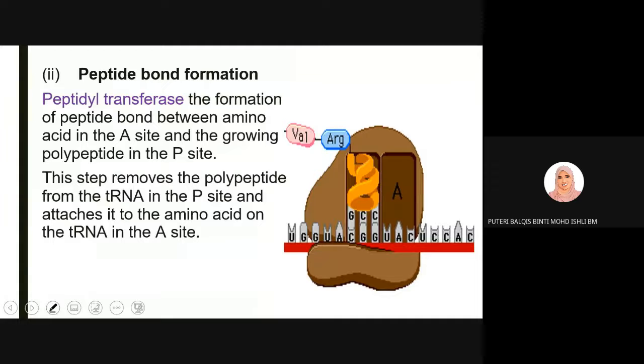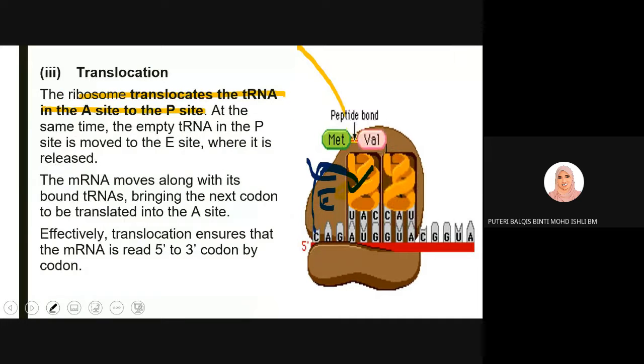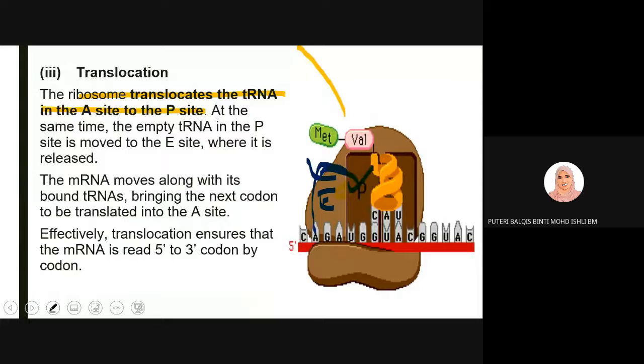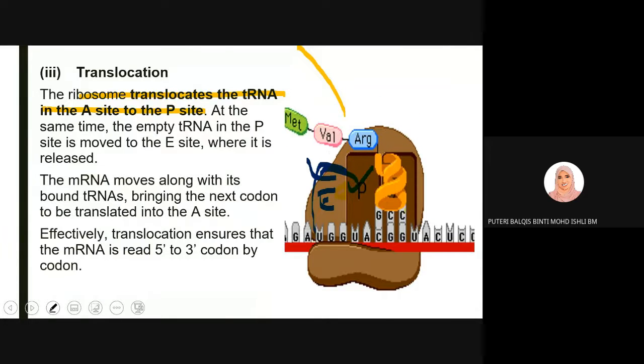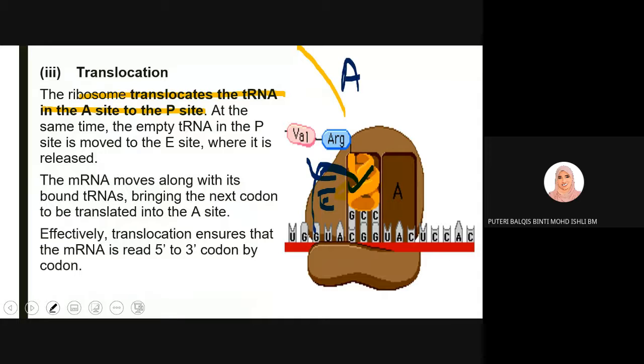Kalau kepala dia dah tak ada, okay, meteor ni tadi ada kepala, tak ada kepala. Dan dia akan pindah masuk ke dalam E site. That is translocation. A pindah kepada P pindah kepada E. Okay, translocate. Siapa yang pindah? tRNA yang pindah. Right?